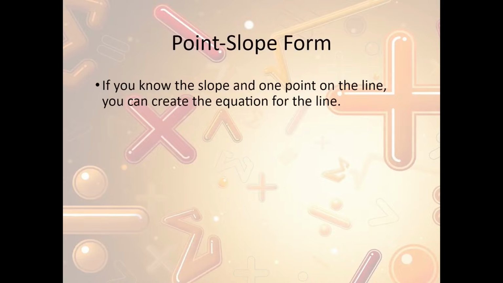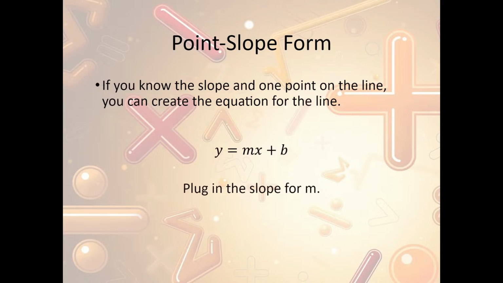Now, what is point-slope form? We use point-slope form if we know the slope and one point on the line. We can still create the equation for the line even though we don't have the y-intercept. And here's how we do it. We know that the form is y equals mx plus b, and we plug in the slope for m.